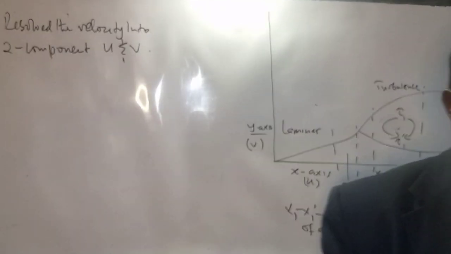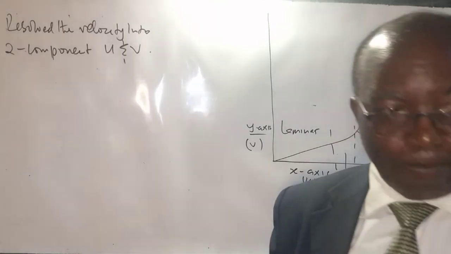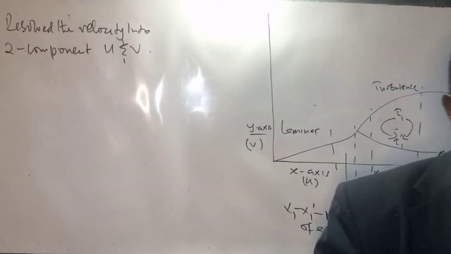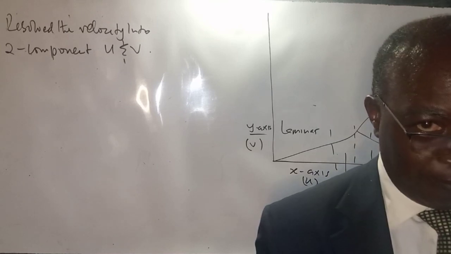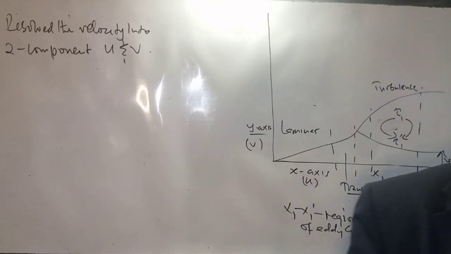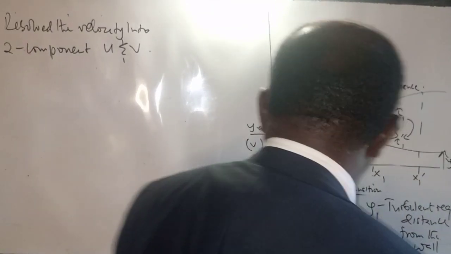Now, in the turbulent region, there are two things which happen. There is mass transfer, which results, and there could be transfer of momentum, which could be effected by molecular carriers or macroscopic elements.